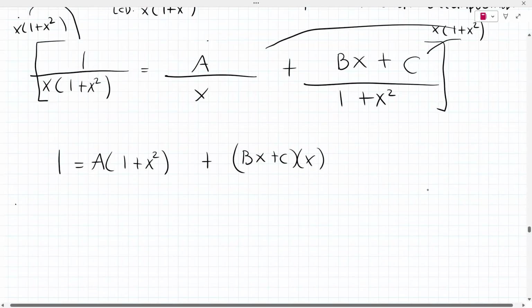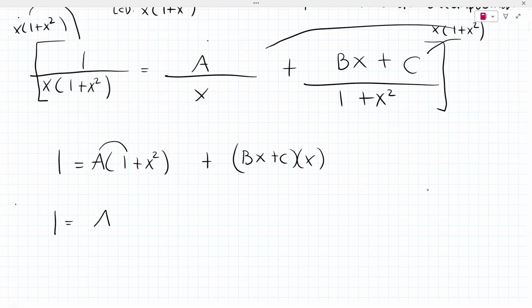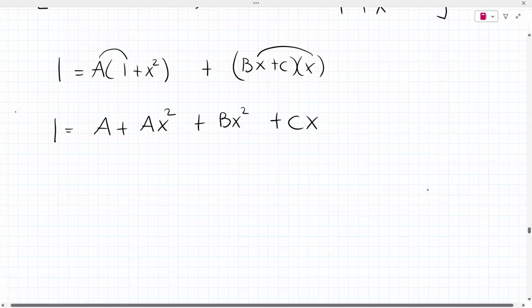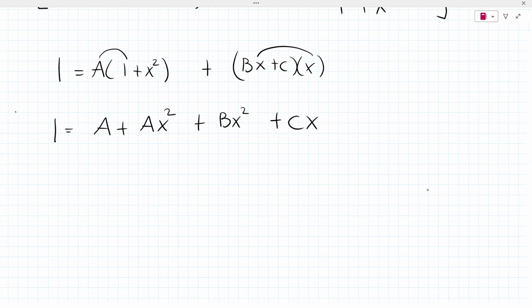Let's clean this up. So 1 equals, and then FOIL this out: A plus Ax squared, plus Bx times x, which is Bx squared, plus C times x, which is Cx. Then line them up and collect like terms.